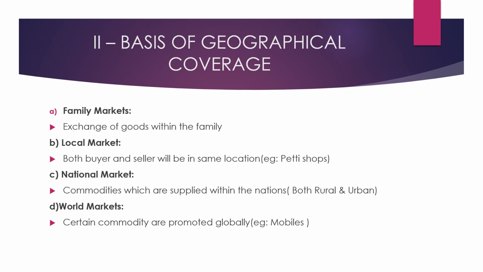And then, basis of geographical coverage. The second way markets are classified is on the basis of geographical coverage. What does geographical coverage mean? It is the place or region where the market is located.